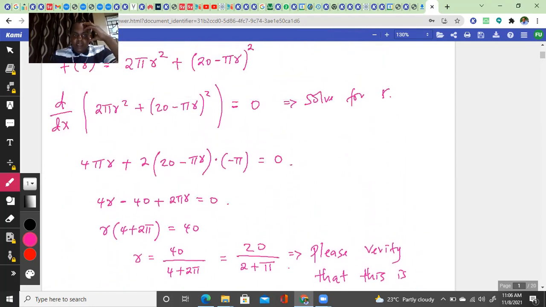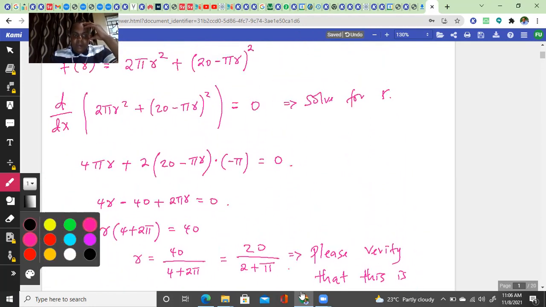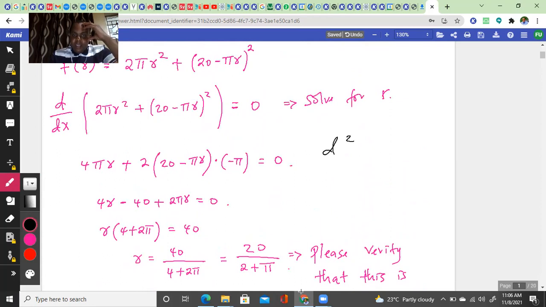Right. So going back, what is the second derivative going to be? 4r plus 2 pi. How did you get that?